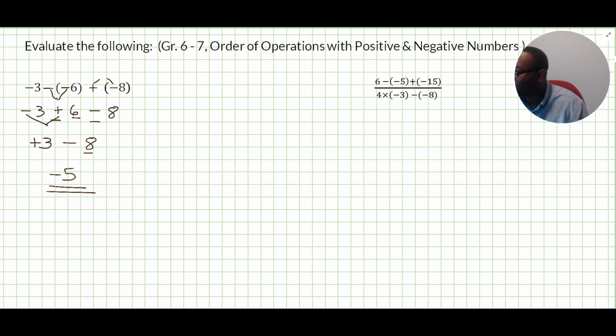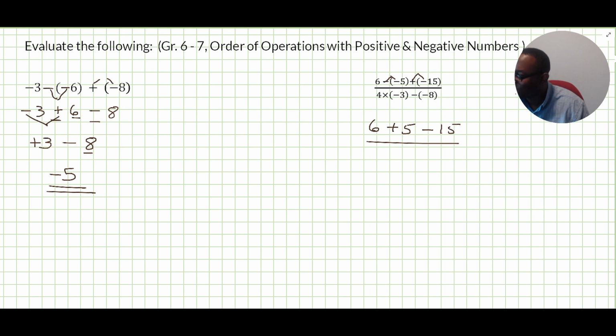Let's go ahead and try the second one. So we have a negative here, similar to what we have here. So it's going to be 6 plus 5. And then we have a positive and a negative right here. So that's going to be -15. And then when we come to multiplication and division, the rule is that when the signs are the same, you have positive.